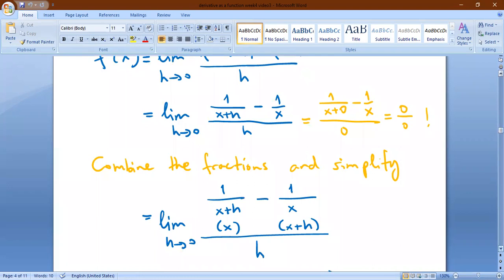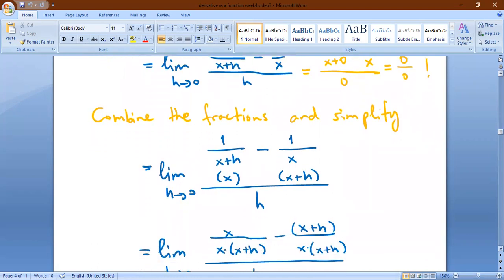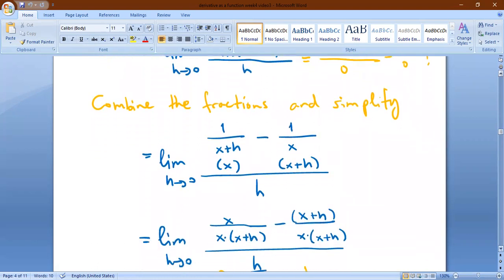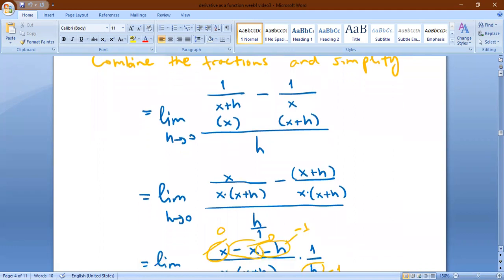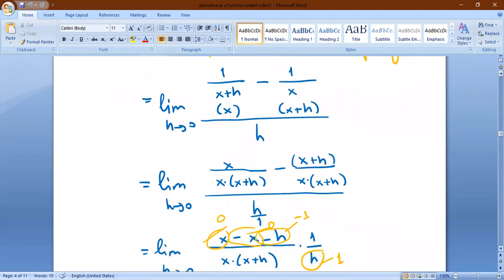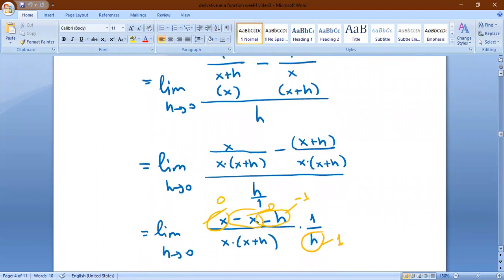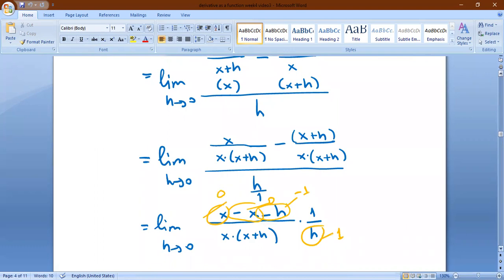So we combine the fractions on the top so that we can make the subtraction there, and we will need to cross expand the fractions, the first one by x, the second one by x plus h. Now both fractions have the same denominator, and then x minus x plus h, but this x plus h is in parentheses, so the minus distributes to both x and h.